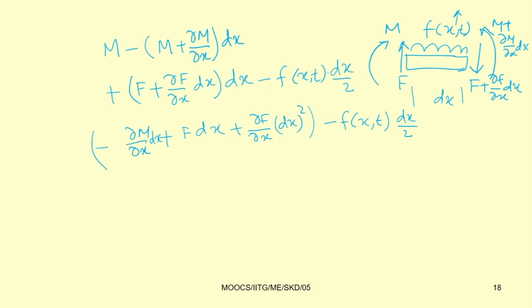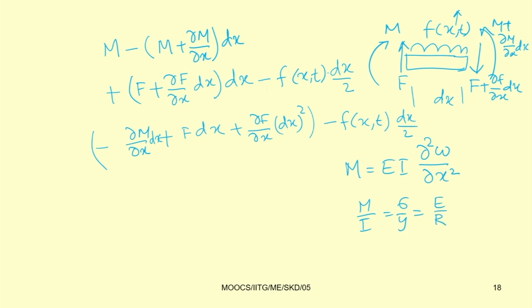Now, you can simplify these equations, and by simplifying these equations you can get the Euler-Bernoulli beam equation, which is nothing but your del E I. You can substitute m equal to E I del square w by del x square, because you know in pure bending m by I equals sigma by y equals E by r.